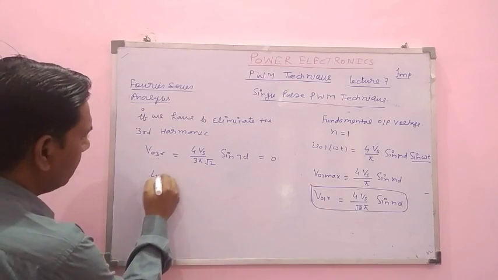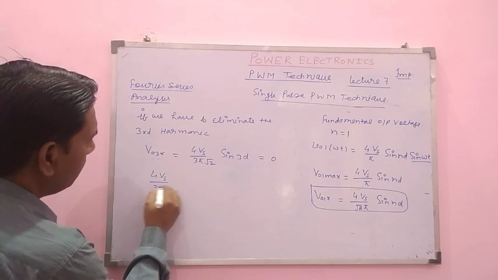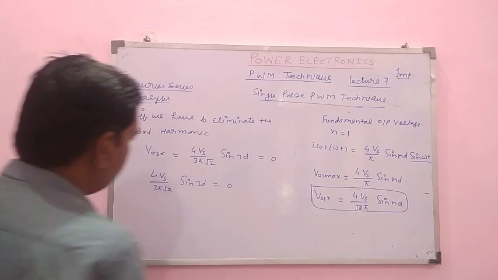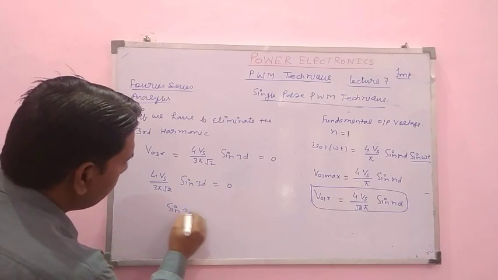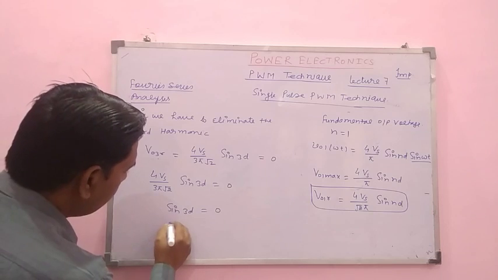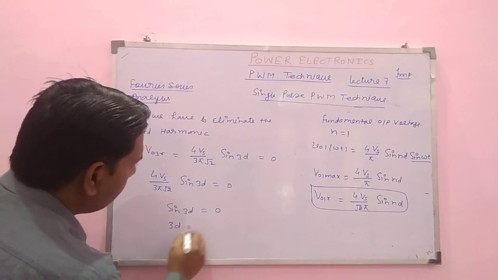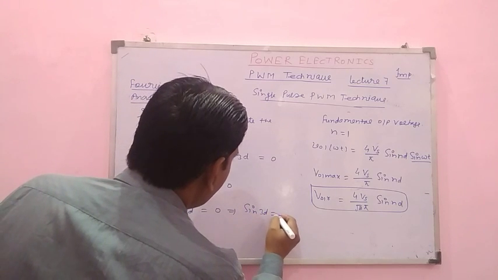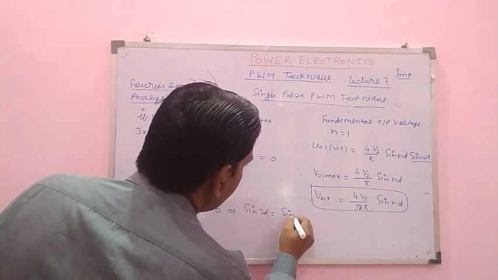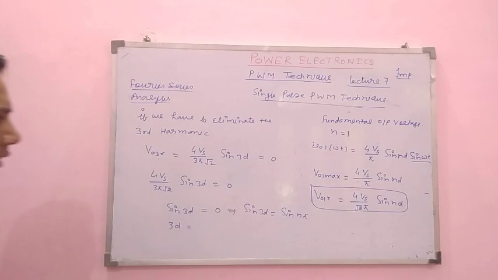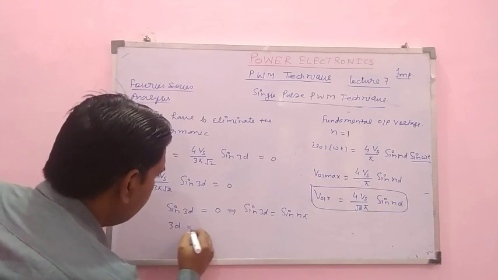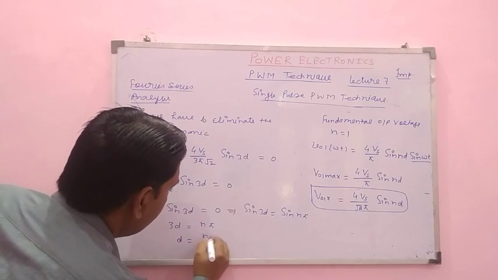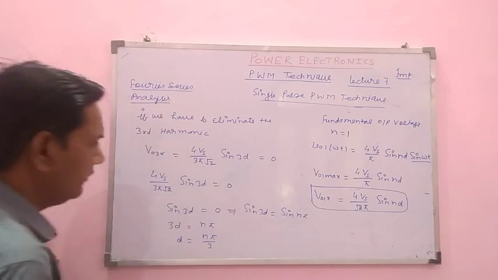So we can write 4 Vs upon 3 pi root 2 sin 3d is equal to 0. It means sin 3d is equal to 0, and we can write it as sin n pi. So 3d is equal to n pi, or d is equal to n pi upon 3.